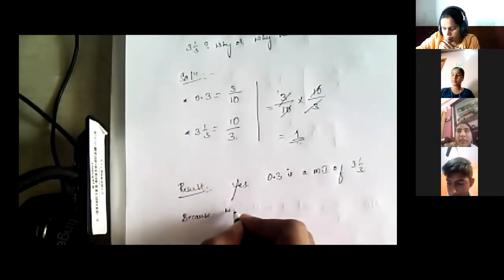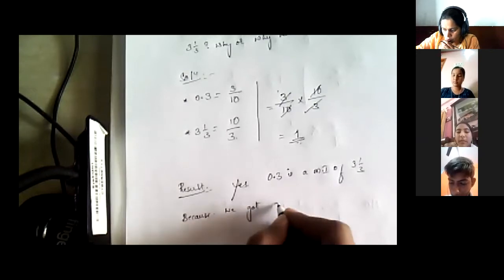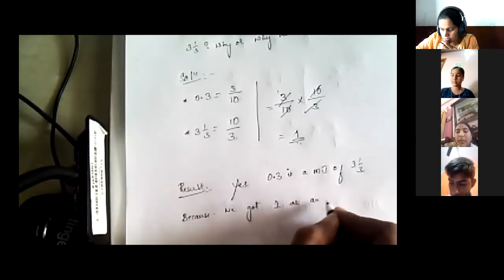This is the answer for why: because we got 1 as an answer after multiplying a number with its multiplicative inverse, with the other number, because two numbers are there.